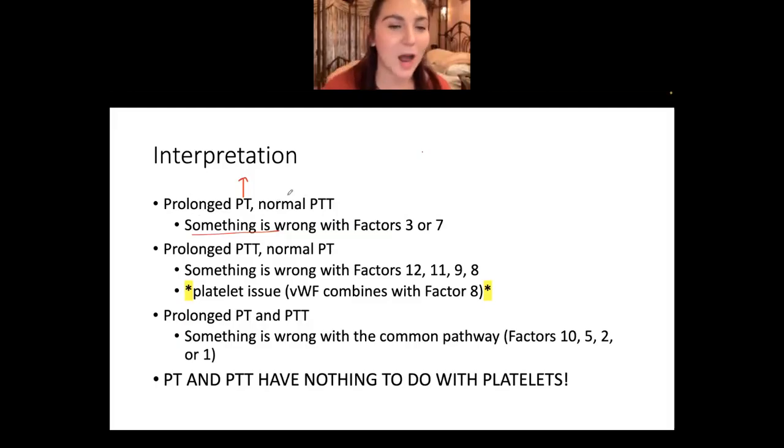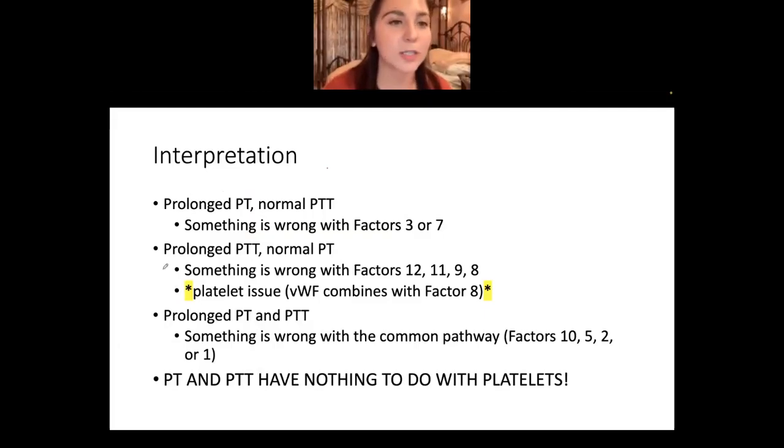So if something is wrong with the common pathway, both of these would be prolonged because both measure the common pathway. But the only thing the PT looks at that the PTT doesn't is things only in the extrinsic pathway, which is only factor 3 and factor 7. Okay? So I'm just going to mention that now. Something is wrong with factor 3 and factor 7, so it's not able to clot within that 11 to 15 second time frame.